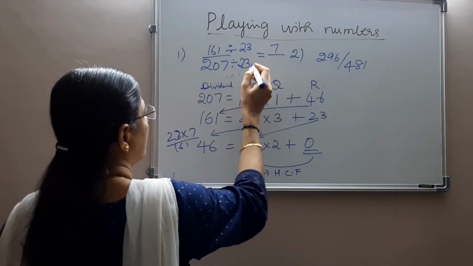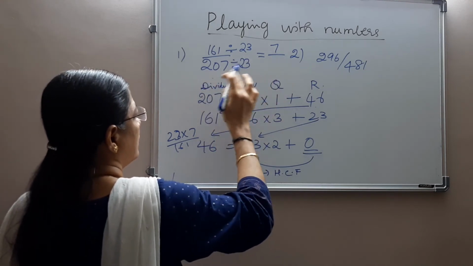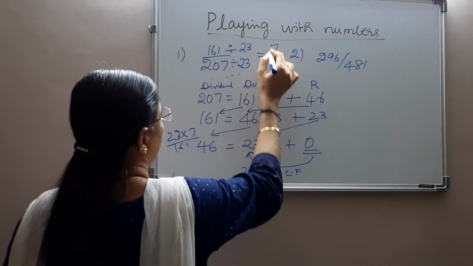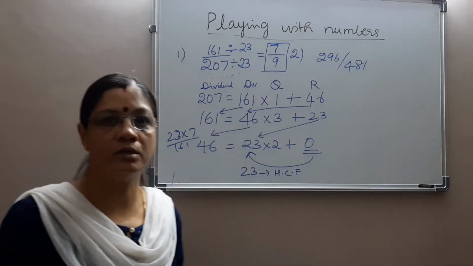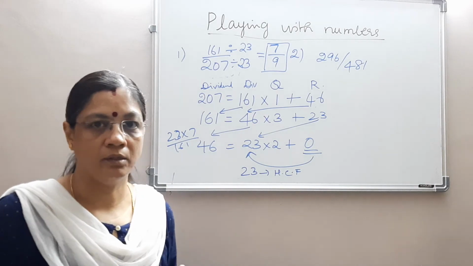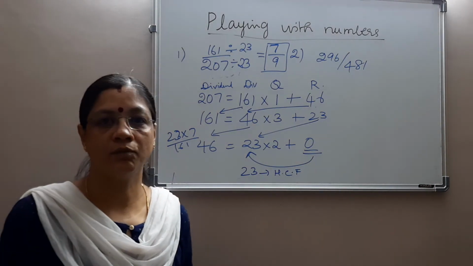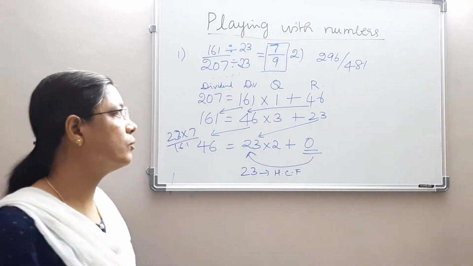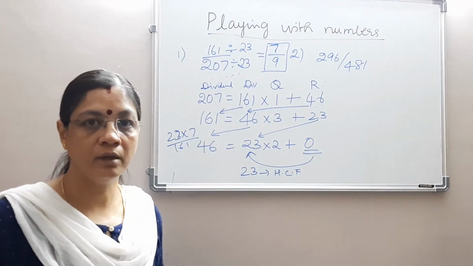Okay, 7. So 23 into 9 will give you 207. Okay, so 7 by 9. I have reduced 161 by 207 as 7 by 9. So 7 by 9 is the simplest form of 161 by 207. Now you understood how we reduce a given fraction to its lowest form by using HCF.